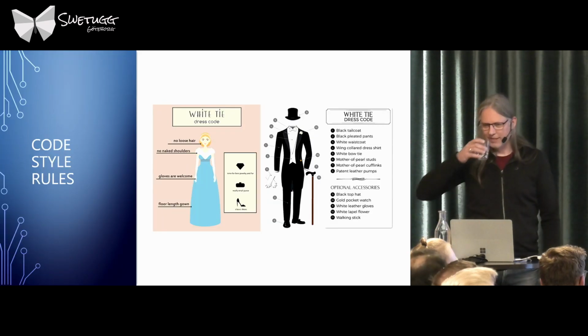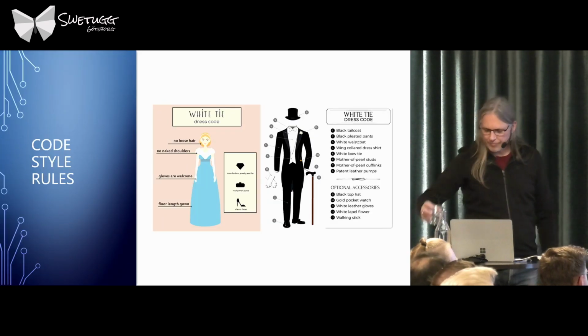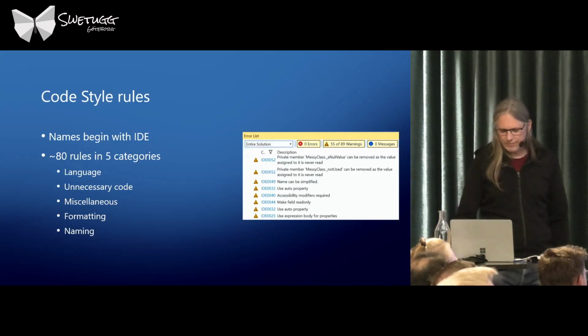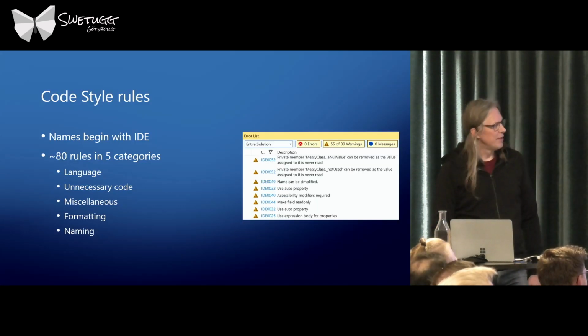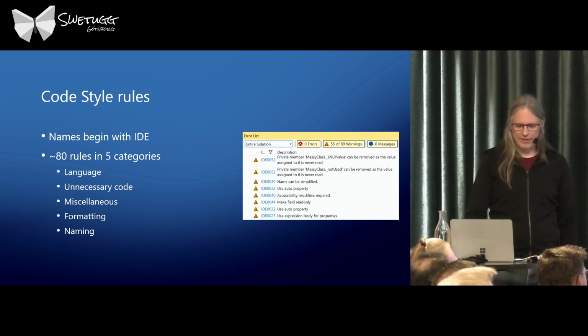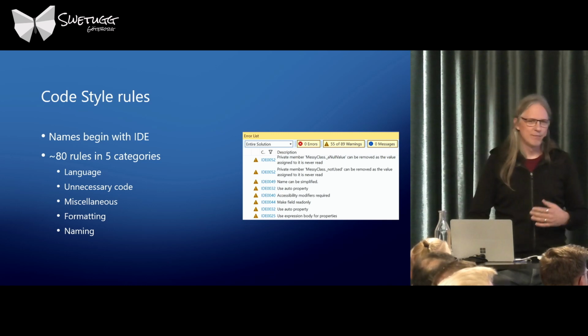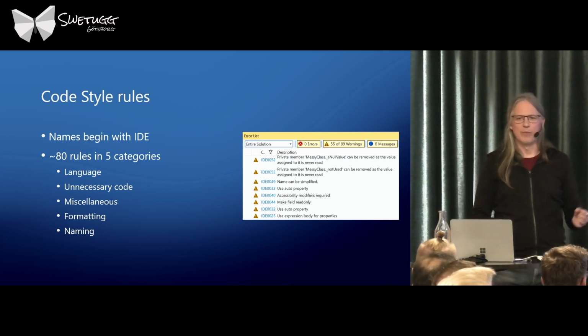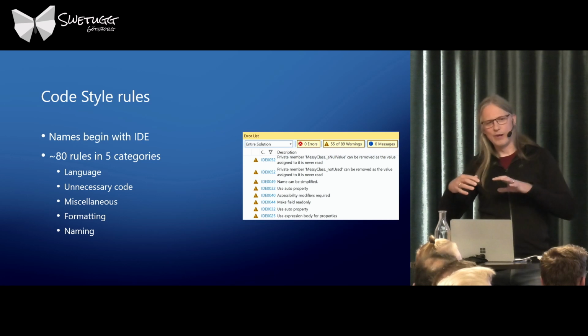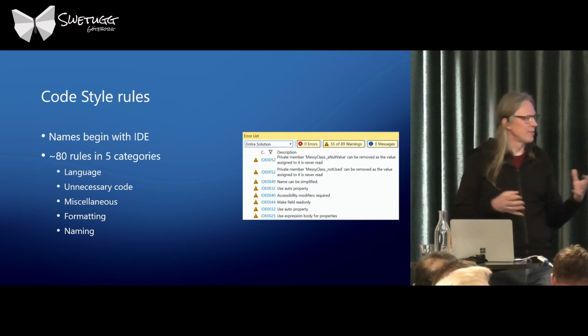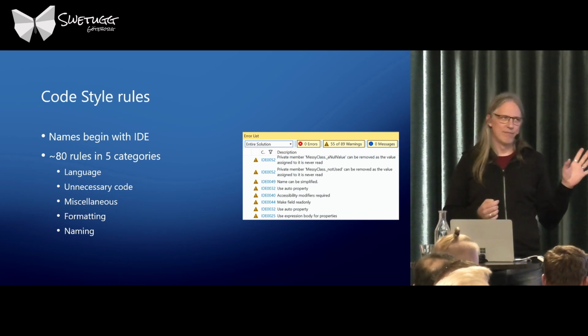Let's look at some code style stuff. These names begin with IDE, and there are 80 rules in 5 categories. Language, which is how you use the C# language, so are you writing this dot, the local field, or something else? And this is the guidelines.